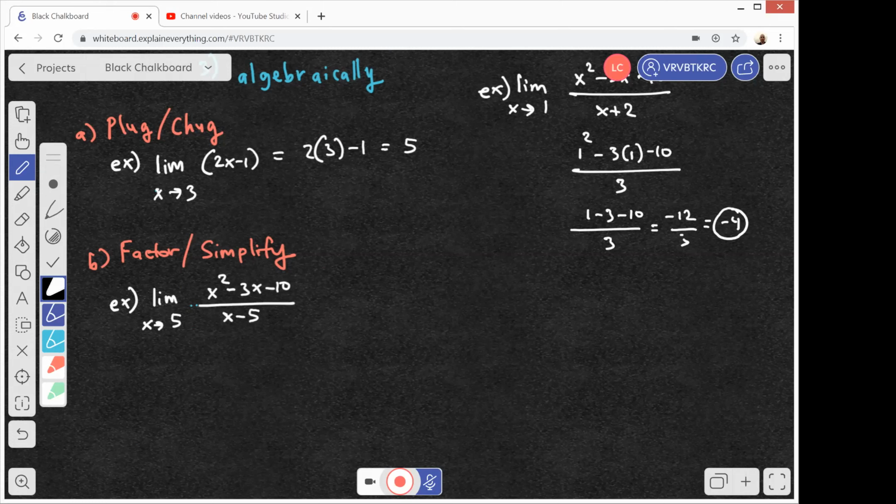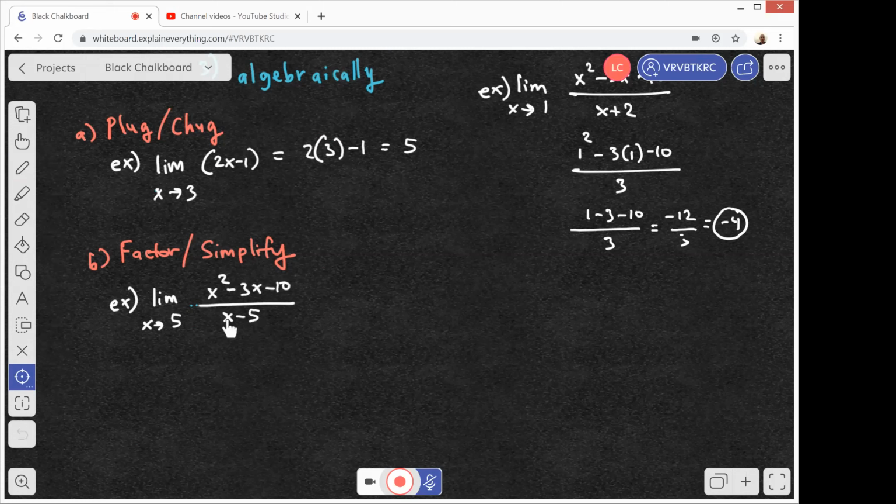For this type of problem, just want to point out something before you think about trying plug and chug. Plug and chug is your go-to method. But when you plug in a 5 into here, you're going to get in the denominator, 5 minus 5 is 0. You can't have 0 in the denominator. That's undefined.